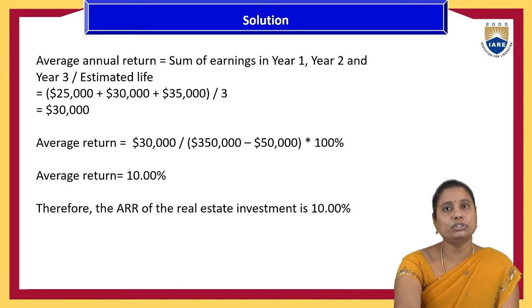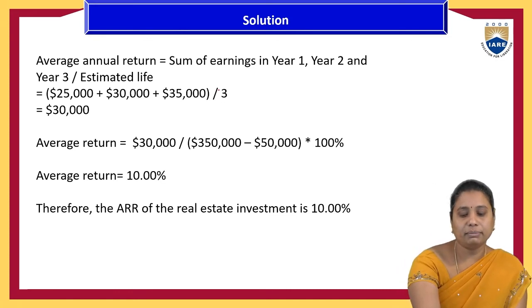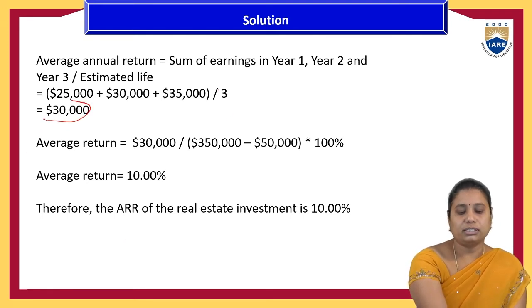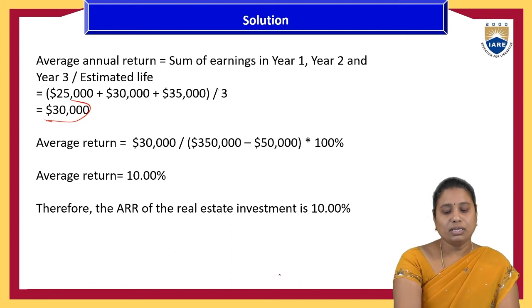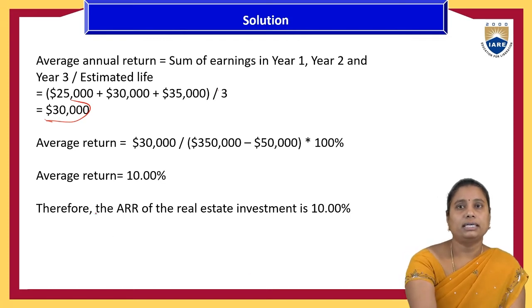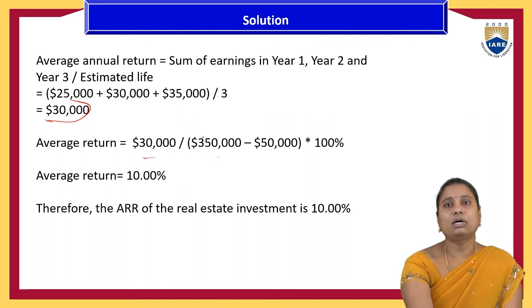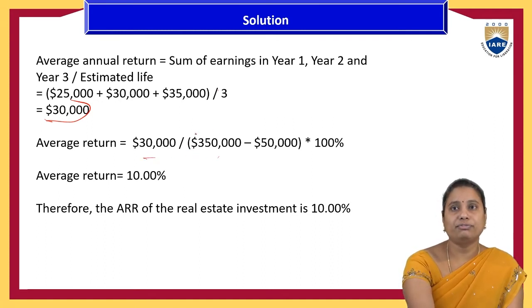If we see this solution, average annual returns is equal to the sum of the earnings at year 1, 2, 3, that is 90,000, divided by the number of years, it will be 30,000 average returns. And average returns value divided by the average investment, that is the ARR value if we want to calculate.